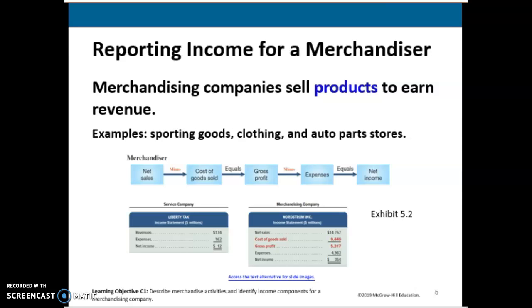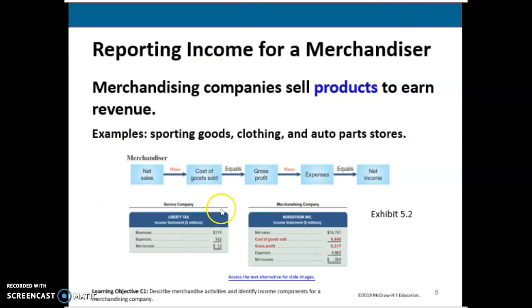The way that we're going to look at income for that is we're going to have net sales, which we'll get to how we break that down a little bit further, but we're taking our net sales minus cost of goods sold, which is a new expense account that we have, and that's going to give us our gross profit. From there, we're going to subtract out our expenses to get net income.